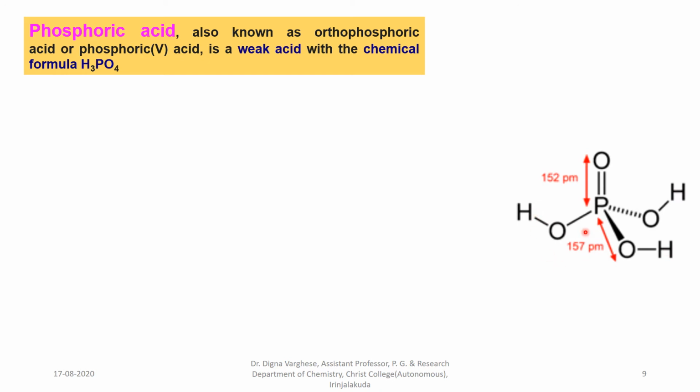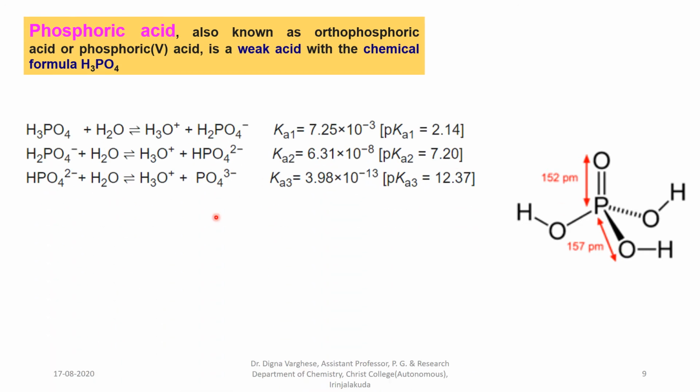So it acts as a tribasic acid with basicity 3. This molecule has a tetrahedral structure. The P=O bond length is 152 picometer and the P-OH bond length is 157 picometer. So it is a tribasic acid and can form 3 series of salts.